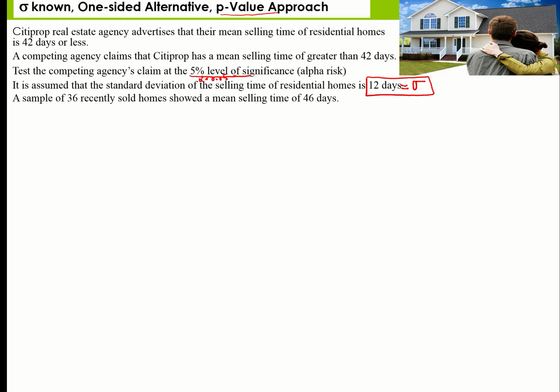In order to test the competing agency's claim, we pick a sample of 36 recently sold homes and calculate the mean selling time of that, which is 46 days. So here the sample size is 36 and the X bar is 46. This is the mean of the sample.